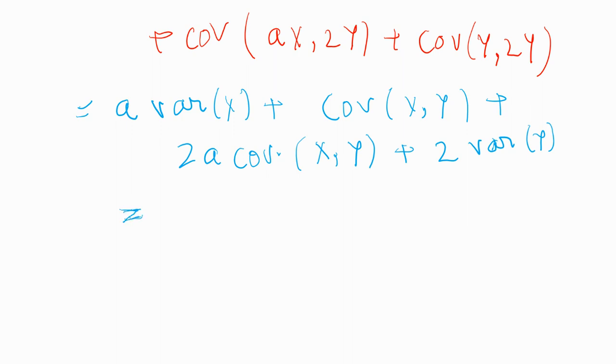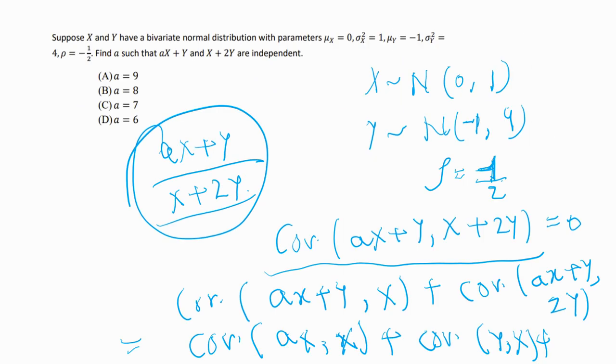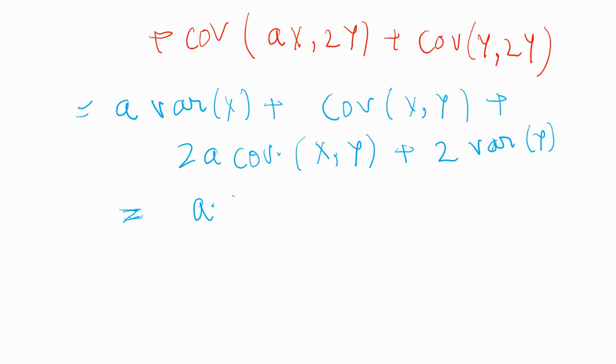Right? So a times variance of x is 1, plus covariance of x y is what? Rho.